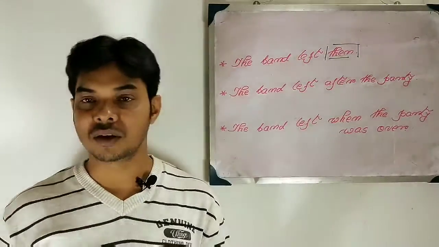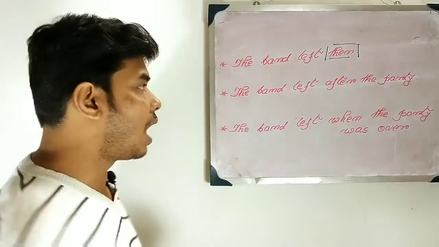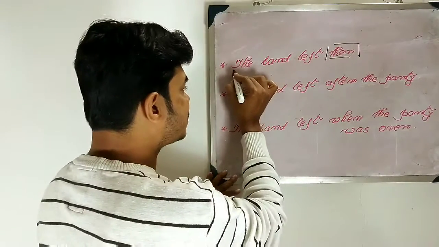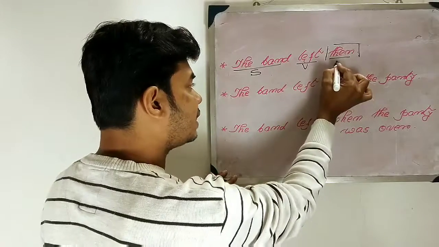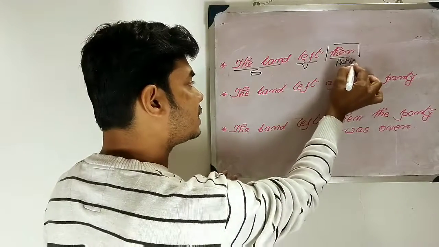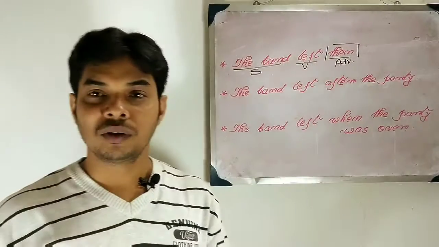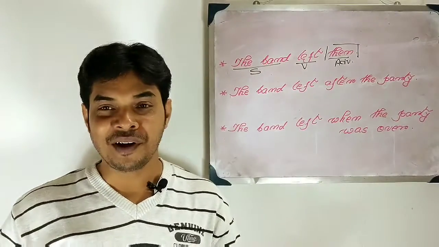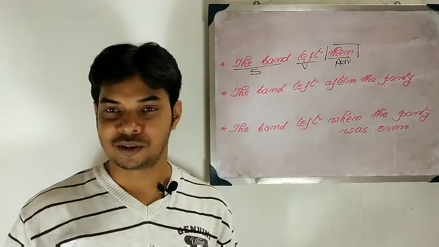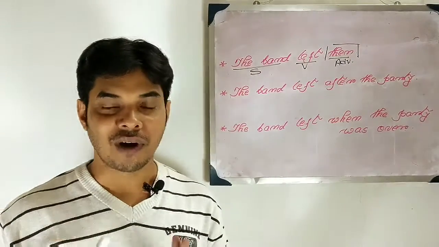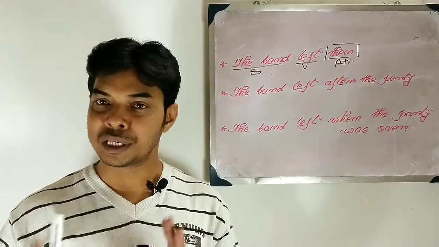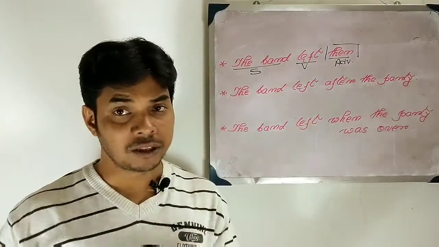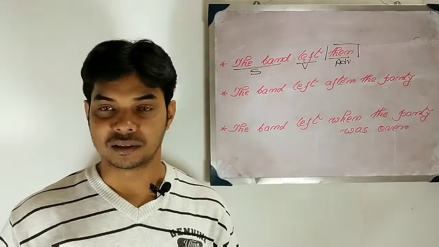As you know, this is only an adverb; we have used the band as subject, left the verb, and then an adverb, that is 'then'. You won't find any group of words. These are only single words used in this sentence, making it a simple sentence.